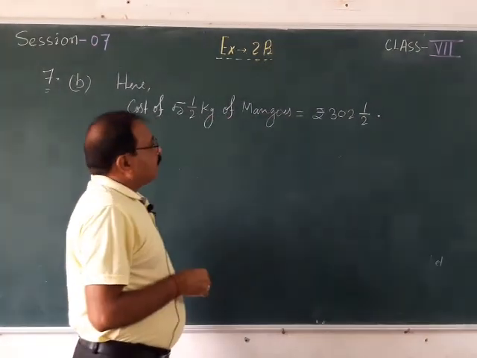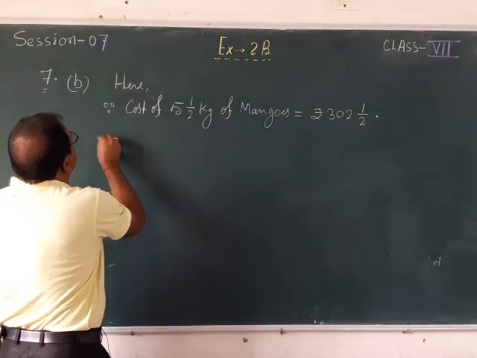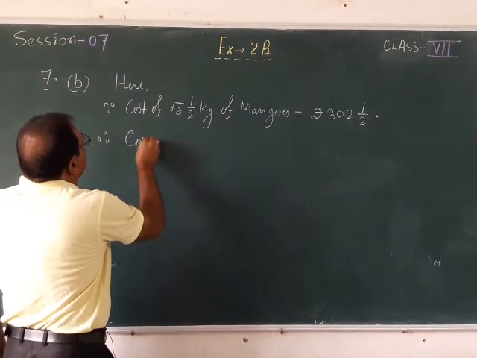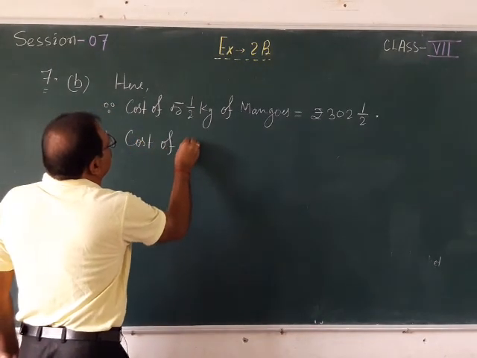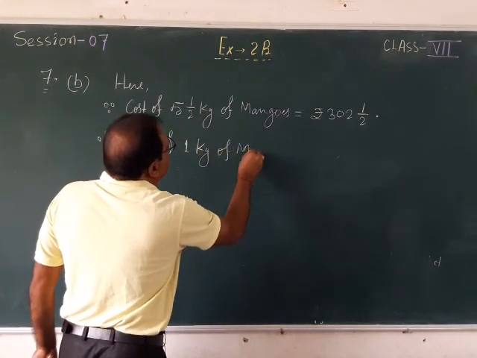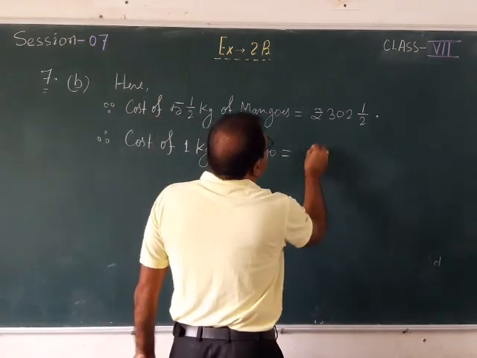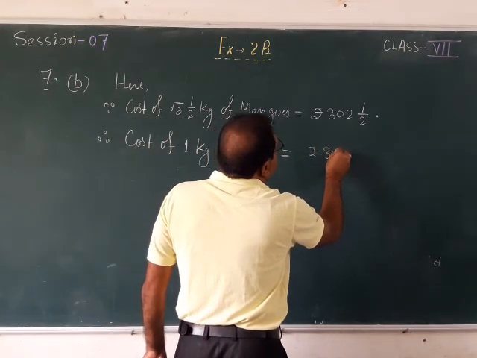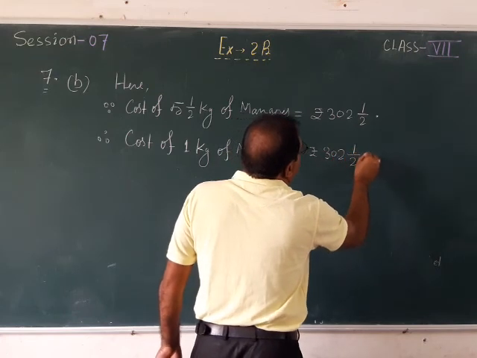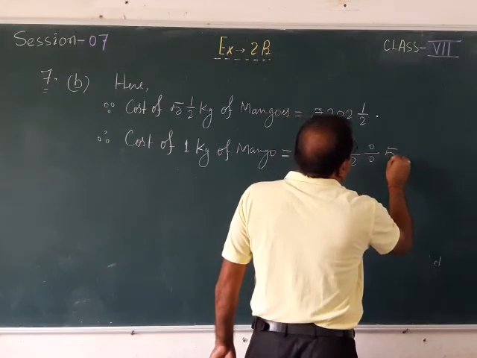You want to find the cost of 1 kg of mango. Therefore, the cost of 1 kg of mango will be rupees 302.5 divided by 5.5.